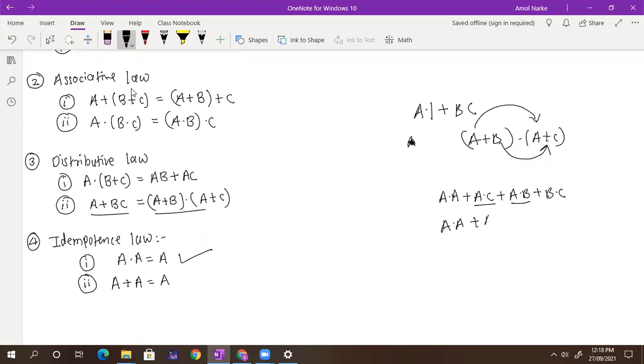So what I am getting is A dot A plus A into B plus C, plus BC. Is it okay? Yes, sir. What is next? Again, take A common from A dot A plus A bracket B plus C. So we can get A into 1 plus B plus C, plus BC.